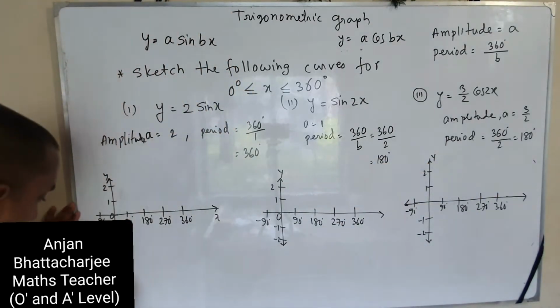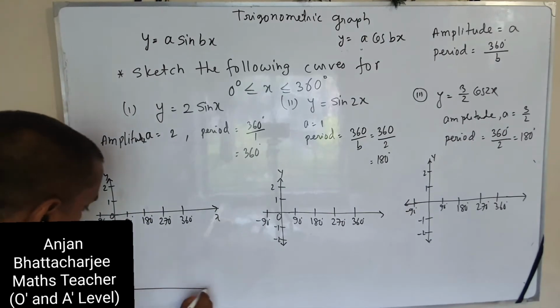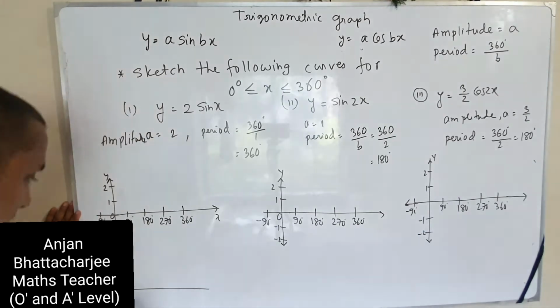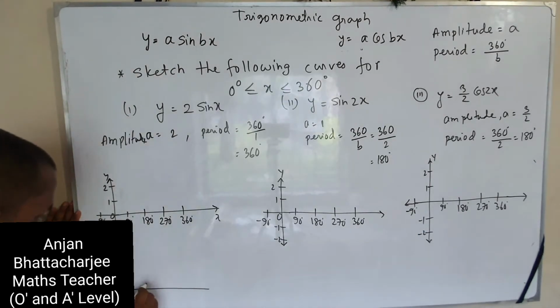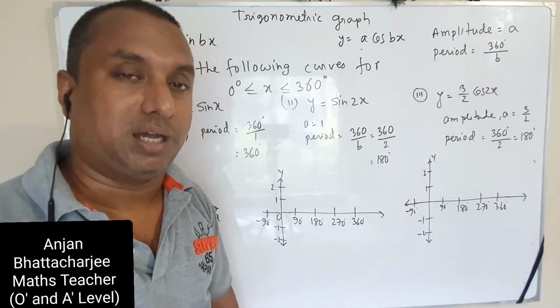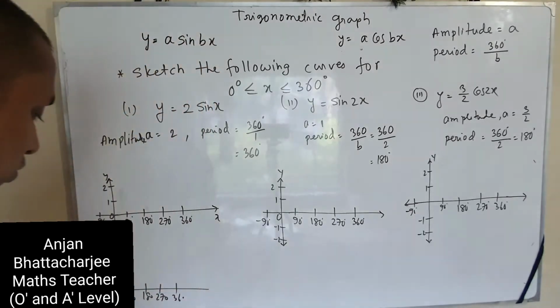Now first of all, let me recall the previous knowledge. How can we draw the sine curve? 90, 180, 270, 360. This is 1, this is -1. We have learned all these things in previous lessons, so I'm not going to explain this.